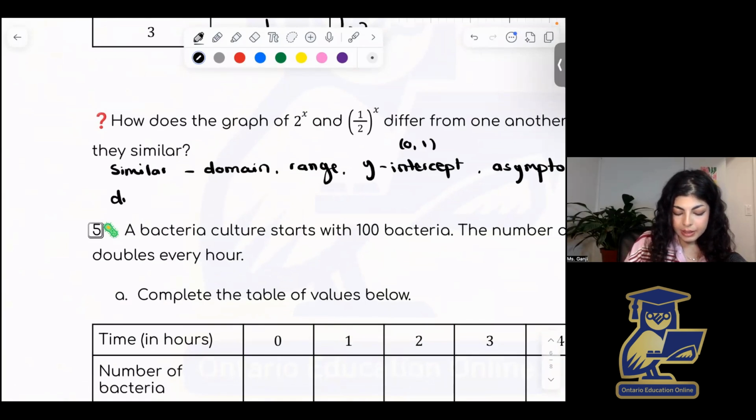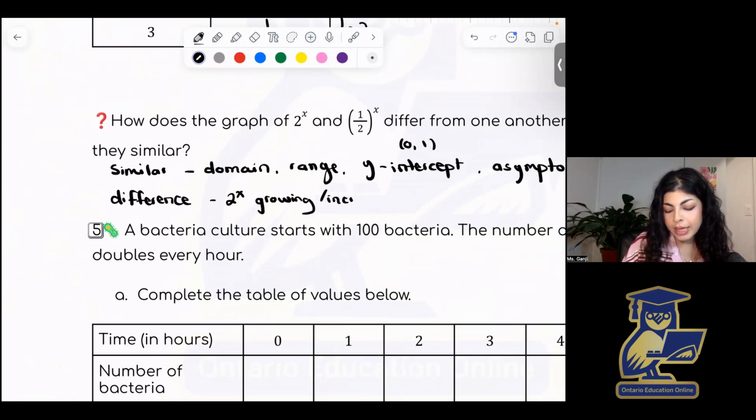And their difference is 2 to the power of x is growing, or increasing. So it is an increasing function, but it is an exponential growth. Maybe I'll write it this way.